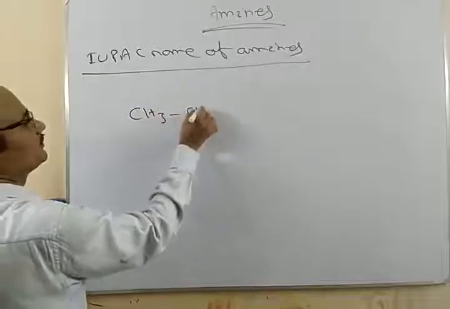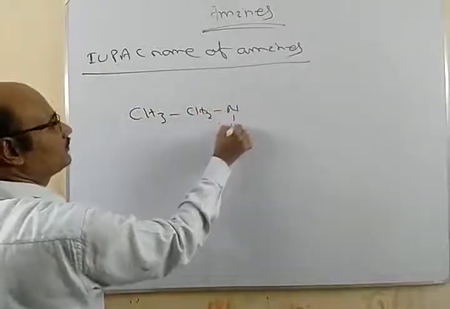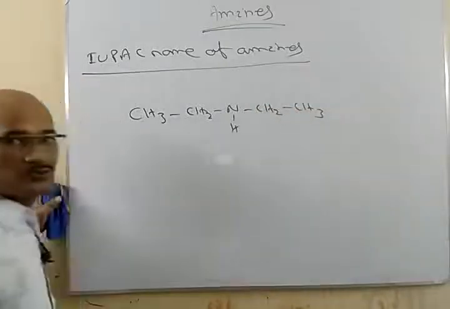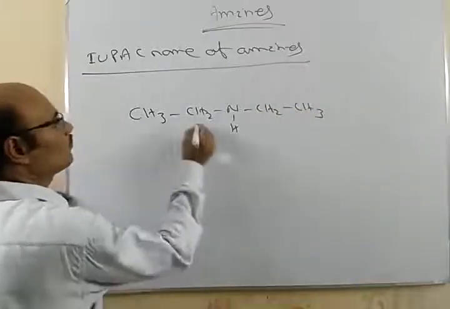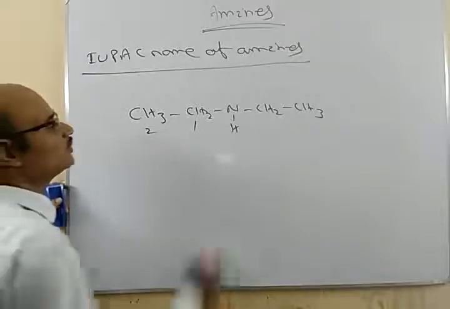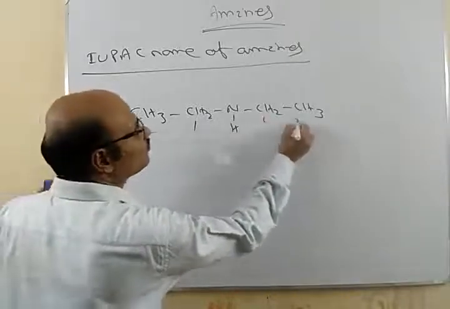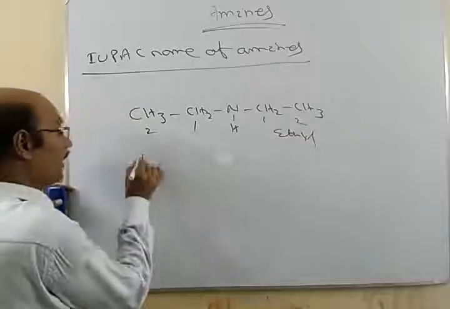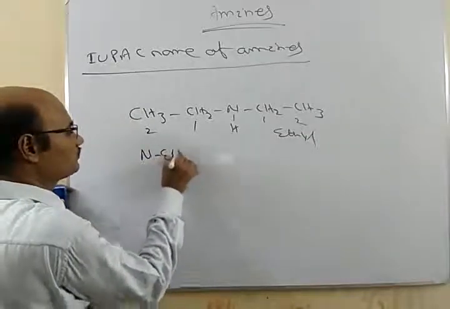Okay, N-methyl ethanamine. Suppose I take CH3 CH2 NH CH2 CH3. What happens here? 1, 2, ethanamine, and to the nitrogen atom we have ethyl. So what do I write?